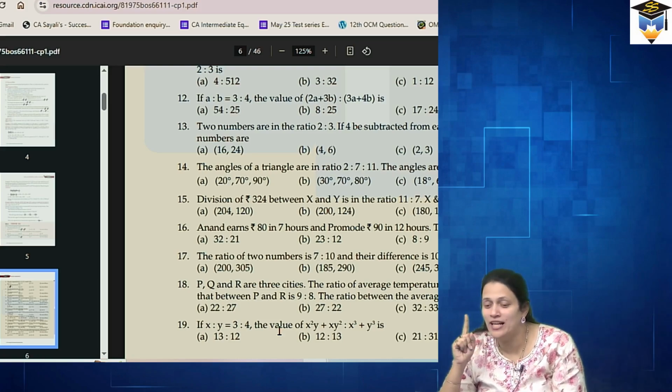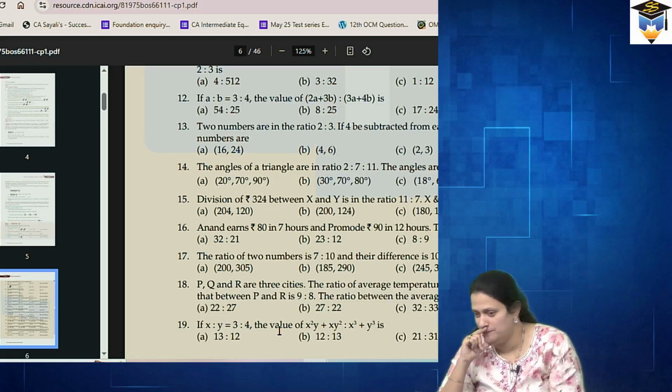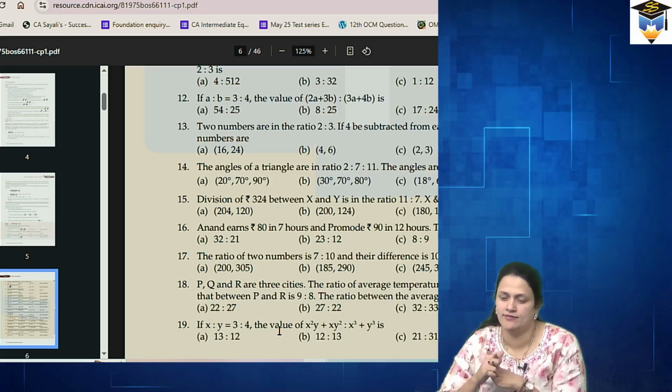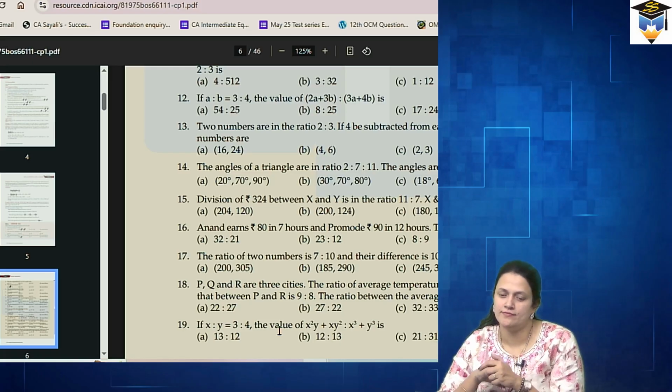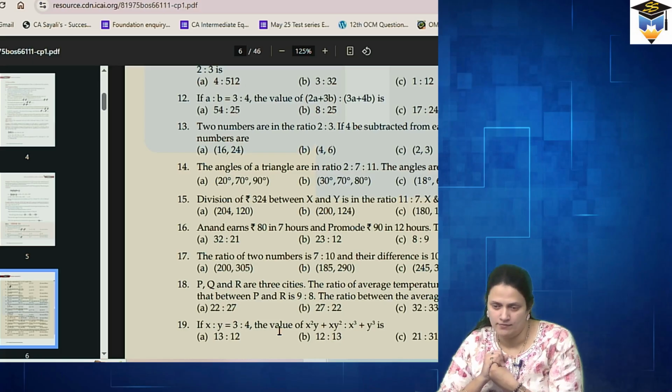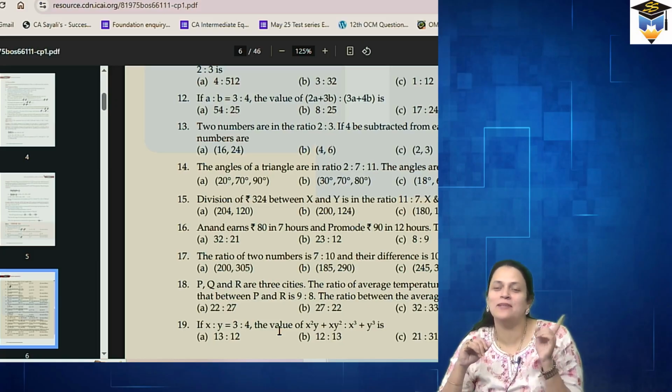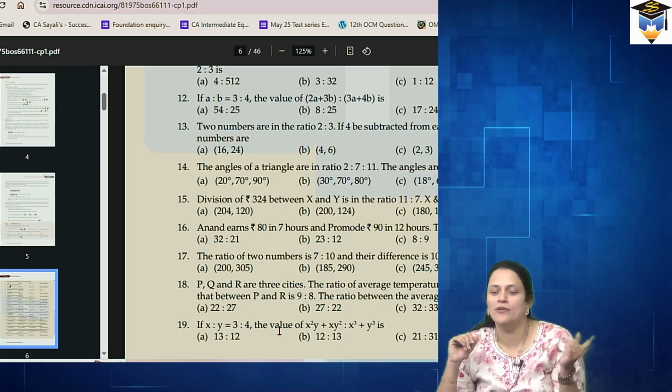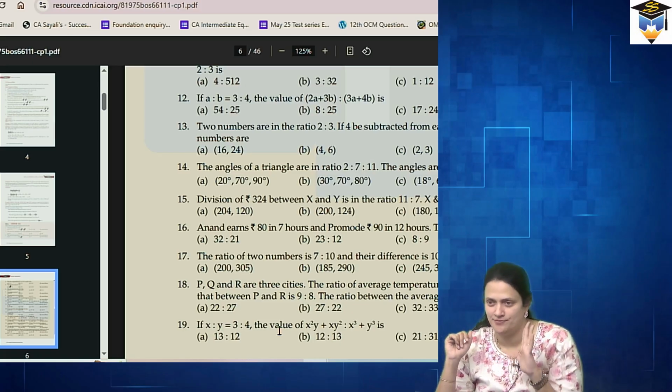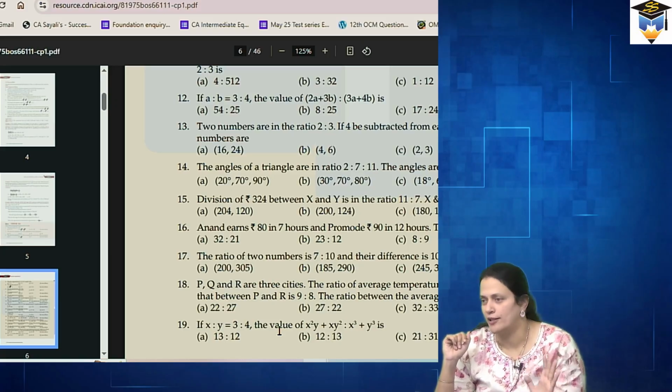You don't have to tell me the answer immediately. Let them think. So 2 multiplied by 9 is 18, 7 multiplied by 9 is 63, 11 multiplied by 9 is 99. Option C is the correct option.